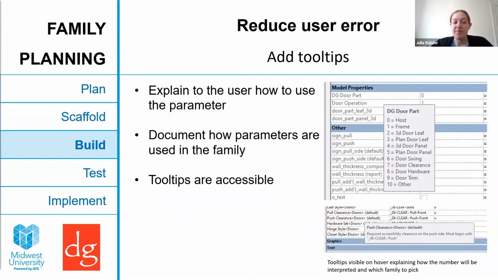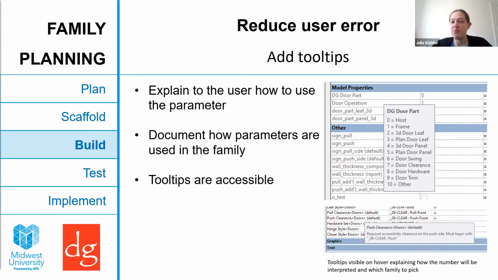Also, add tooltips. It's one way to comment your work. So even for parameters that the user shouldn't be interacting with, I'll add a note. And it can explain to the users how a family should be used, or what a parameter is doing. What's great about tooltips is that they are available right there.